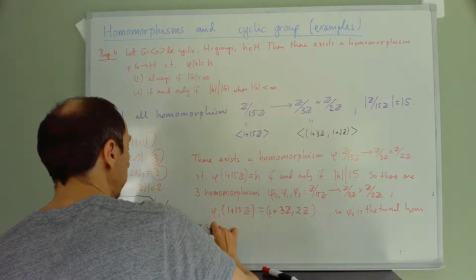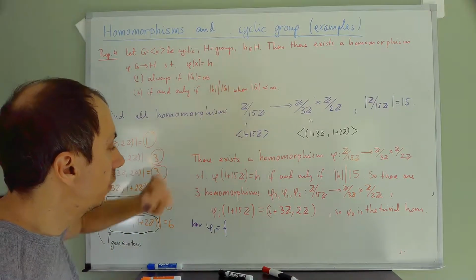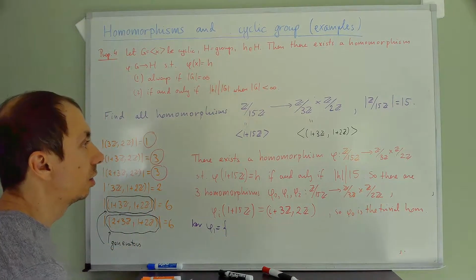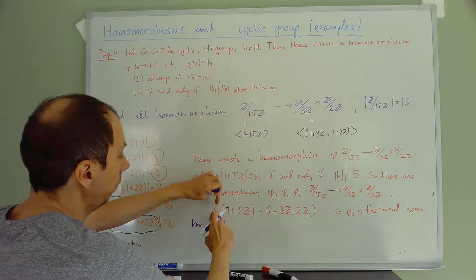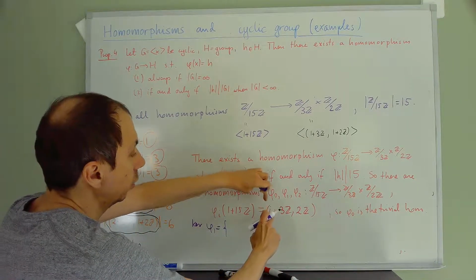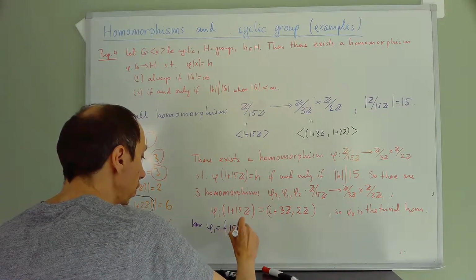But let's look at the kernel of phi 1. So which elements in Z mod 15Z are sent to the identity under the phi 1 homomorphism? Phi 1 sends 1 plus 15Z to (1 plus 3Z, 2Z). So, well, of course 0.